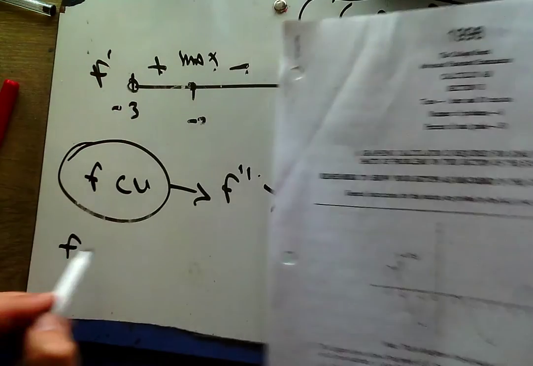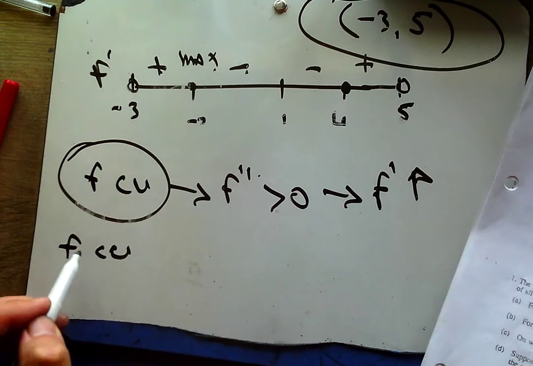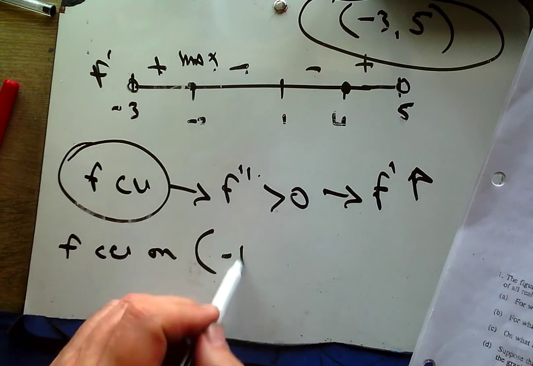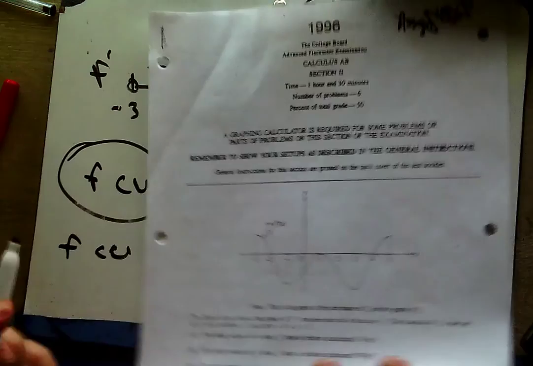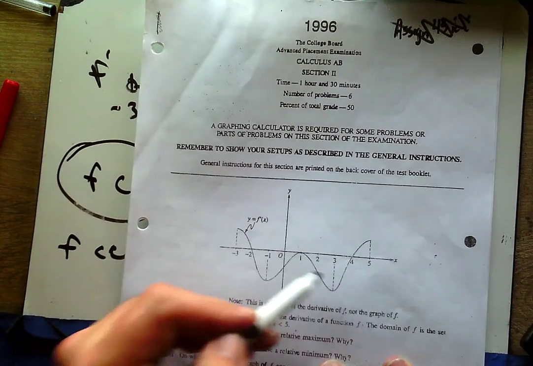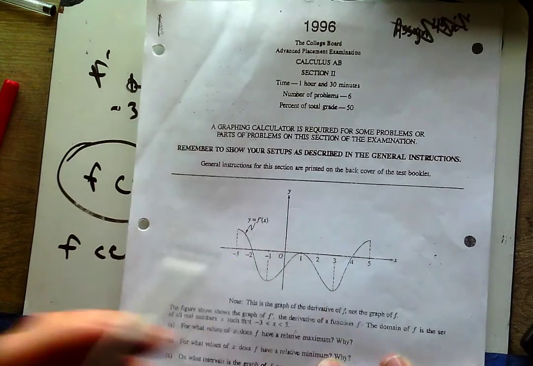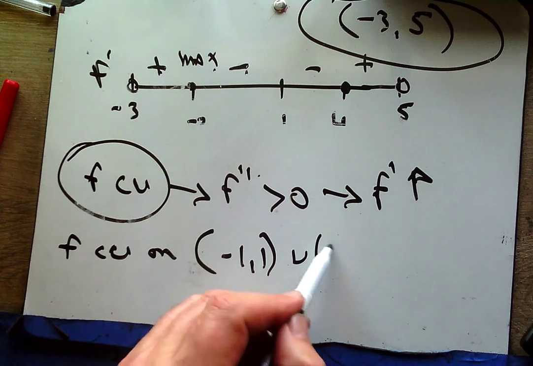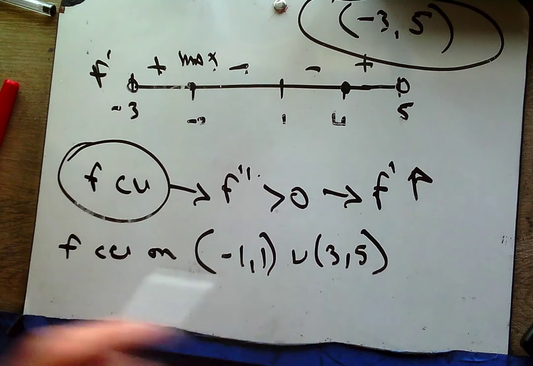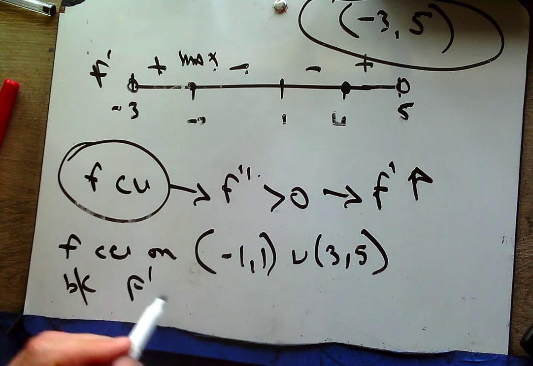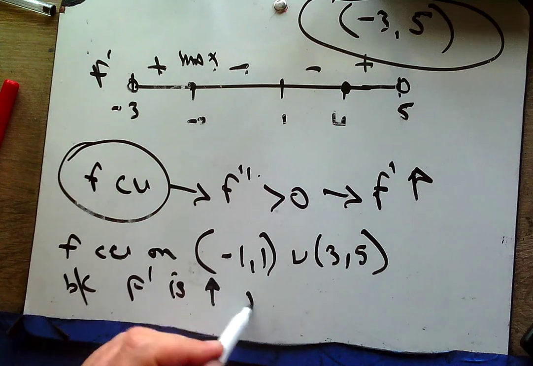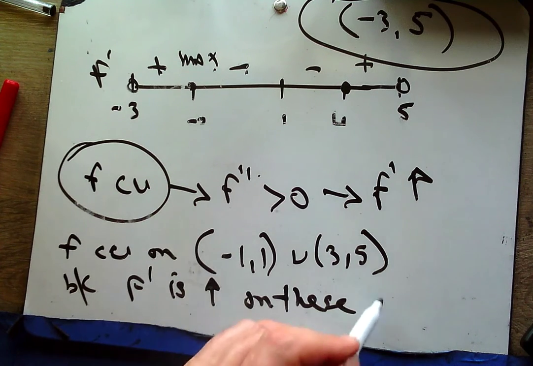So f is concave up on -1 to 1, and decreasing, decreasing, decreasing, increasing, increasing, increasing from 3 to 5. Union 3 to 5, because f prime is increasing on these intervals.